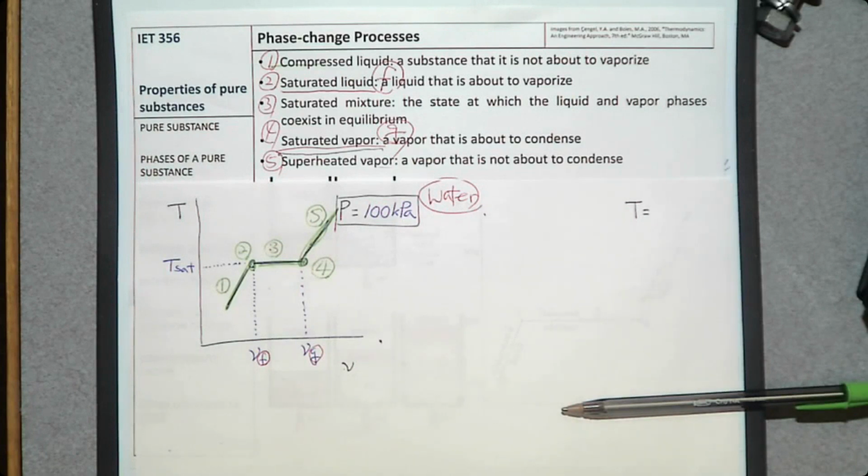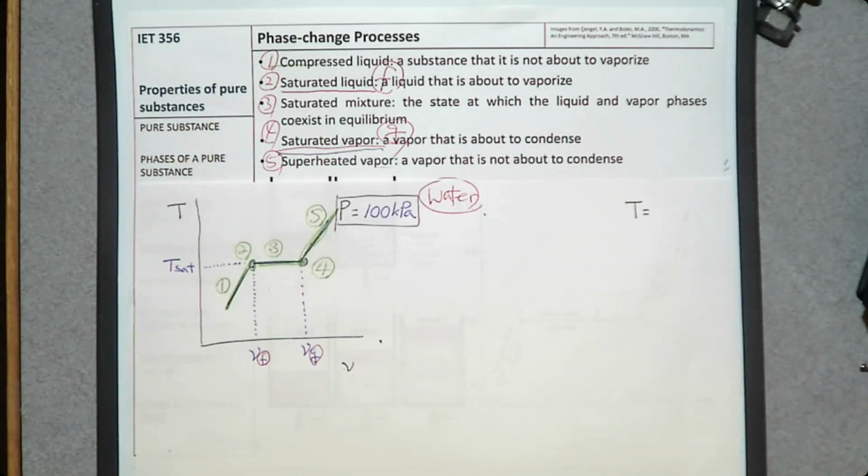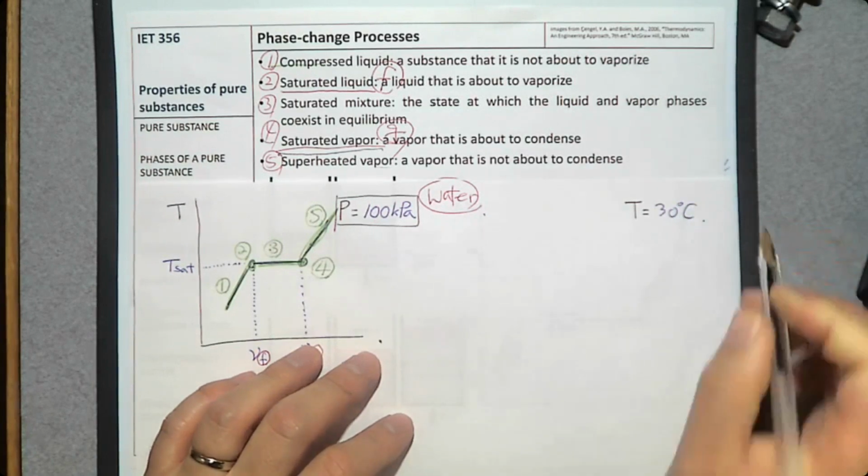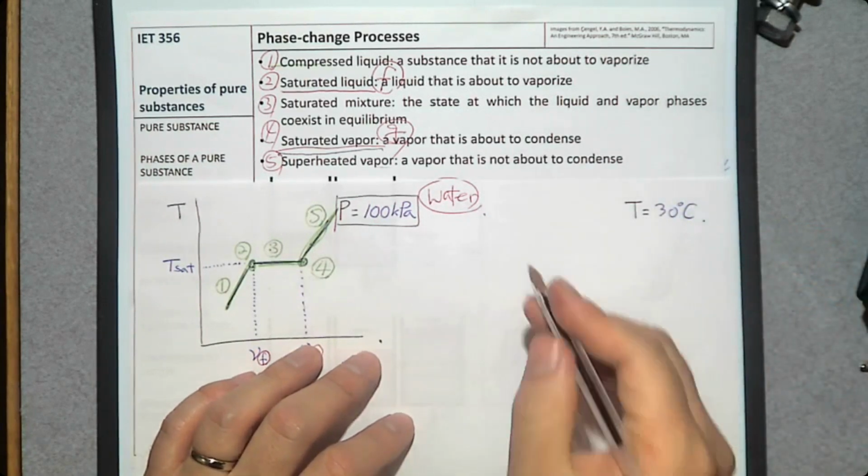There's another way to have a phase change. That is when you have a constant temperature. If you know the temperature of your system, let's say 30 degrees Celsius, then you can make another property diagram.